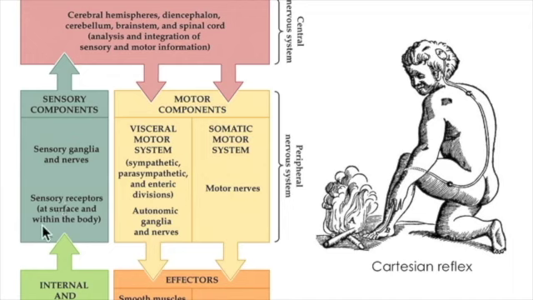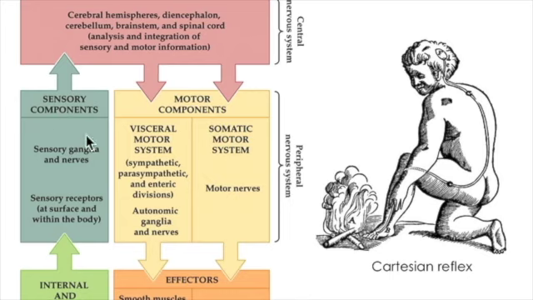These stimuli from the external environment interact with sensory receptors, such as your skin and your retina and your cochlea and so on. Whereas internal stimuli, such as heart rate changes and other internal cues, interact with sensory ganglia and nerves and other parts of your peripheral nervous system, which we're going to talk about in a moment.